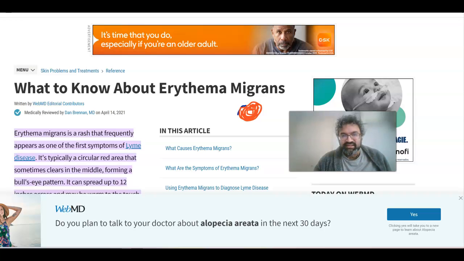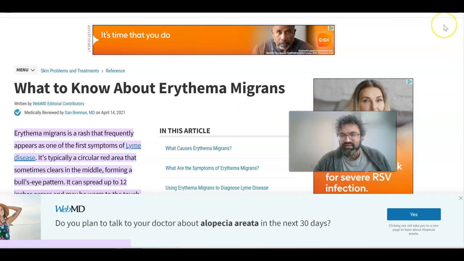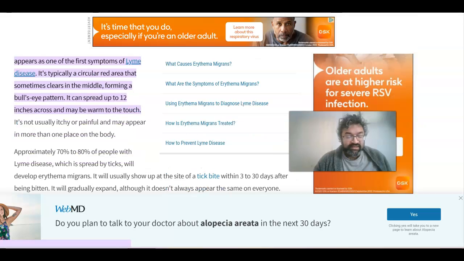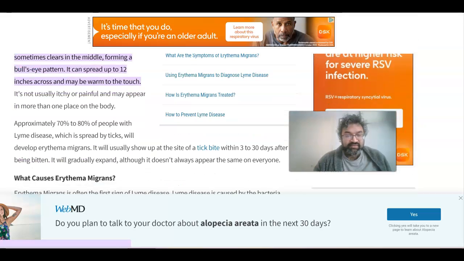So let's exit the drawing here. Now, looking further, a lot of times it's heat that you can feel. 70 to 80% of people with Lyme disease, which is spread by ticks, will develop Erythema migrans.